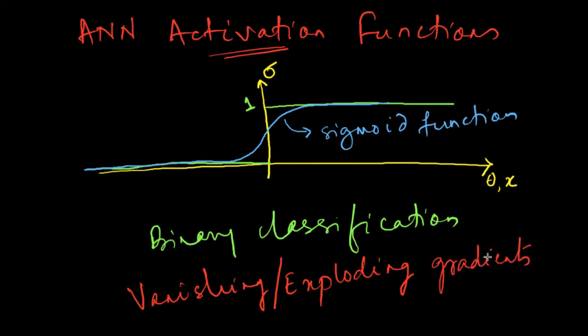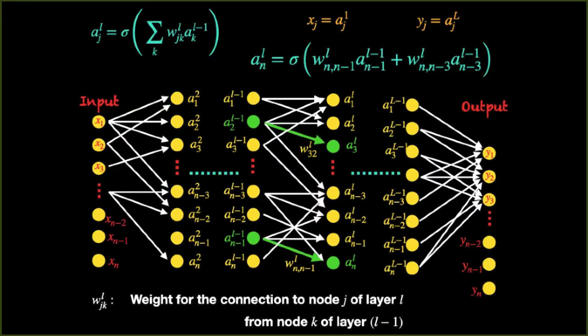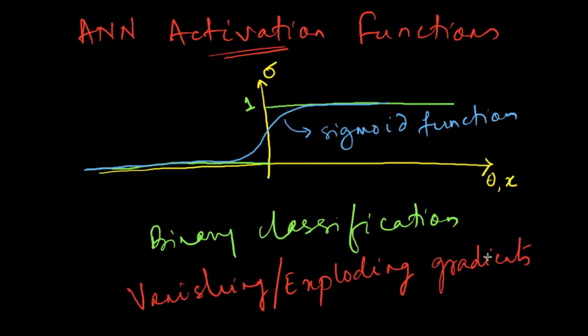Now again, going back to the backpropagation video, you can see that if you have an artificial neural network with lots of hidden layers, then as the information backpropagates from the output layer to the input layer, we have several multiplications taking place. And so if your gradient is, let's say, very close to 0, then if you multiply it with other gradients which are also very small, then they will slowly all decay to 0. And so at the end you are learning nothing.